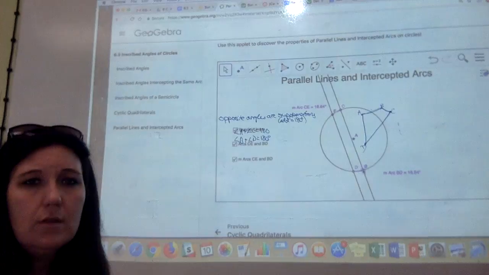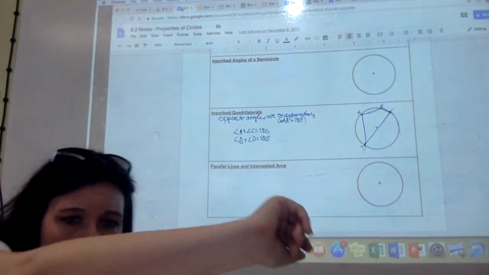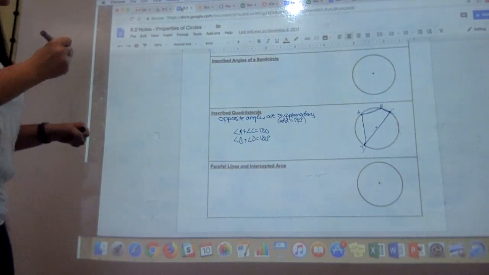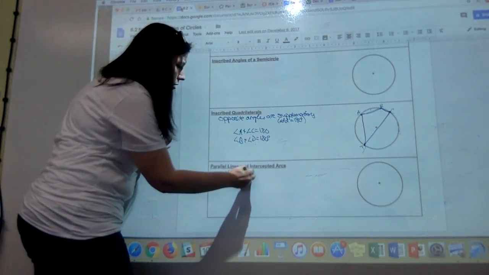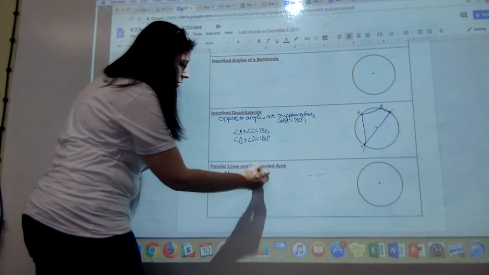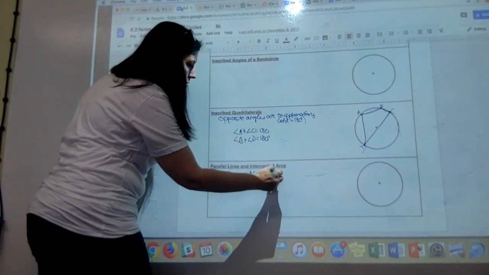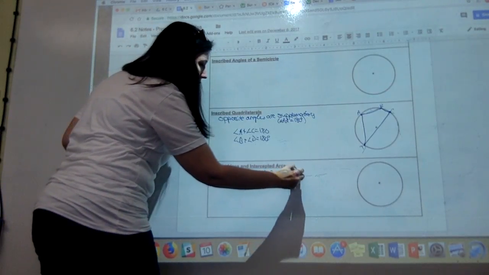Does that make sense? So our last one is the arcs between the parallel lines are congruent.